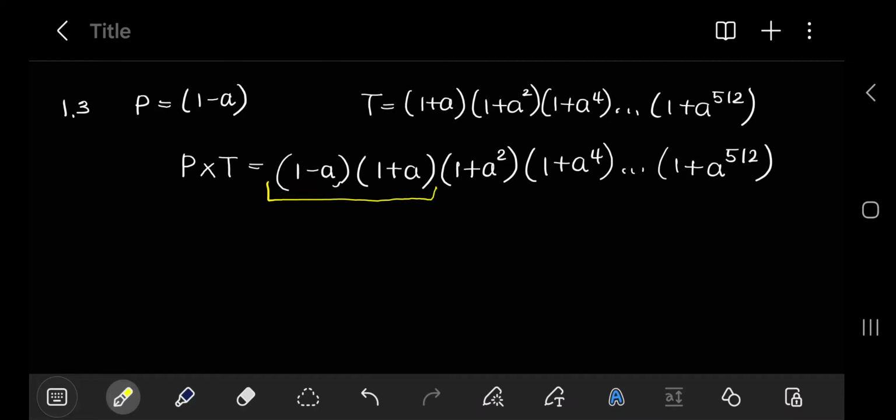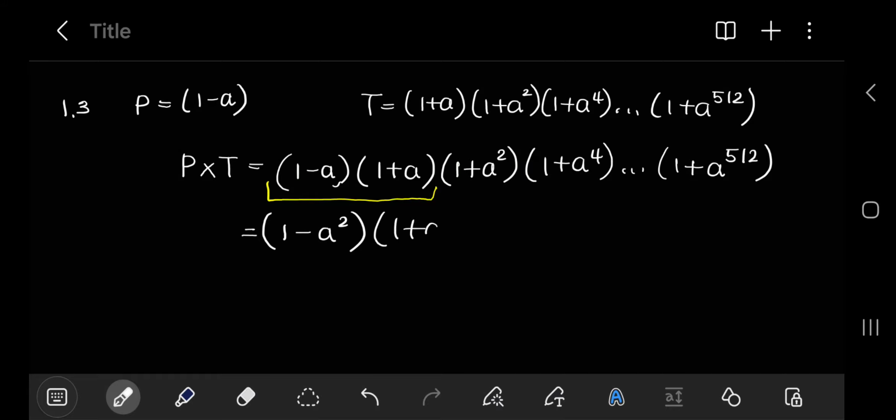This is the factorized version of the difference of two squares. So we know that bracket is the same thing as 1 minus a squared. Because think about it, if I give you 1 minus a squared and I ask you to factorize, will you not get 1 minus a times 1 plus a?